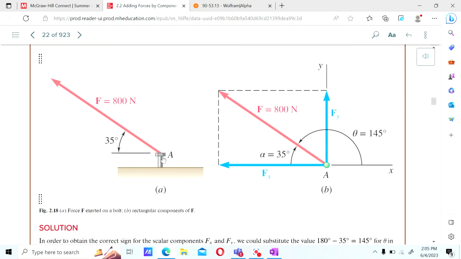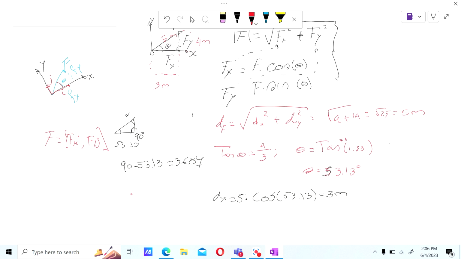If it's going towards the negative side of x and positive side of y, then your components in x are going to be negative and your components in y will be positive. If it's going to the third quadrant, remember, maybe I just need to write it down. In an xy plane, this is your first quadrant, second quadrant, third quadrant, fourth quadrant.